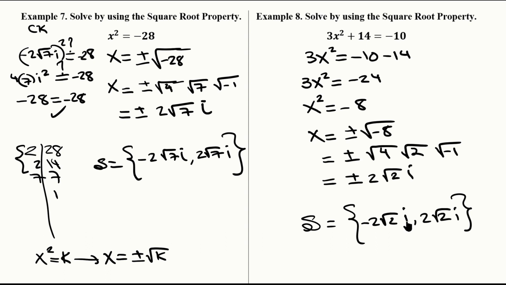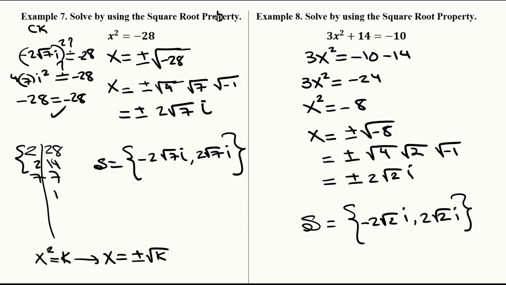That is not incorrect if you put the i next to the 2. Whatever you do, make sure you don't put the i under the radical. If you do that on a computer system such as my MATLAB, it'll definitely count it as wrong because we know i is already a square root. It's the square root of -1. So you don't want to put the i under the radical in any of these problems. And that should do it.